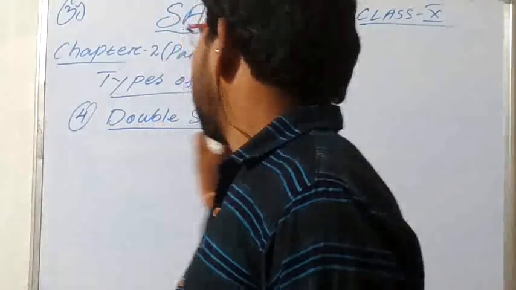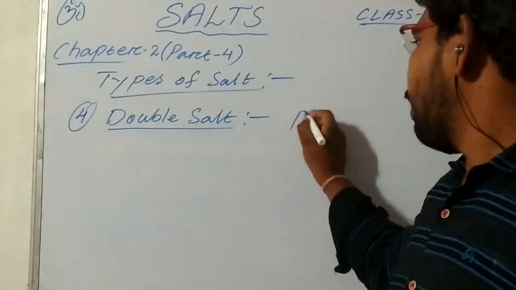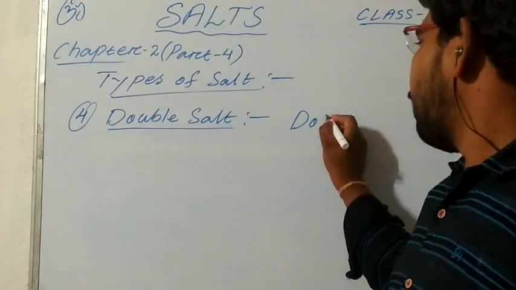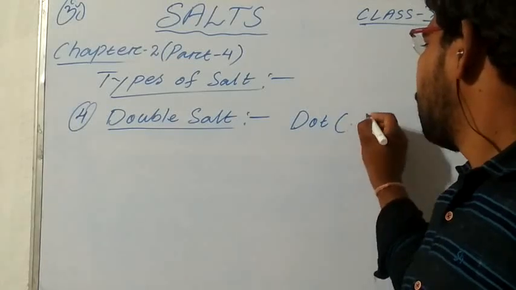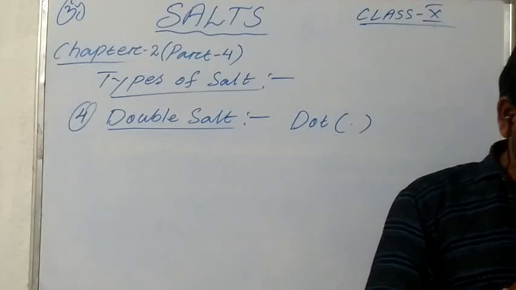Okay, we will discuss some examples of double salt. In a double salt, a dot is present within the formula, and when the dot is present, it is known as a double salt.